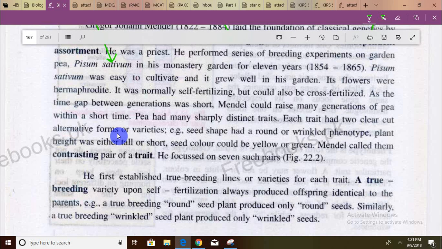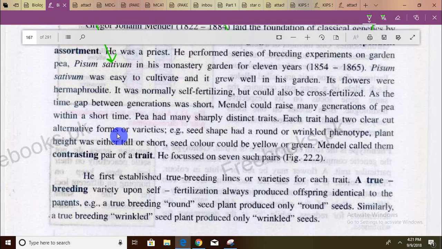So he first established true breeding lines or varieties of each trait. A true breeding variety upon self-fertilization always produces offspring that are identical to the parent.